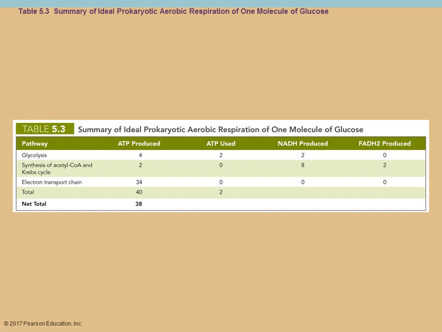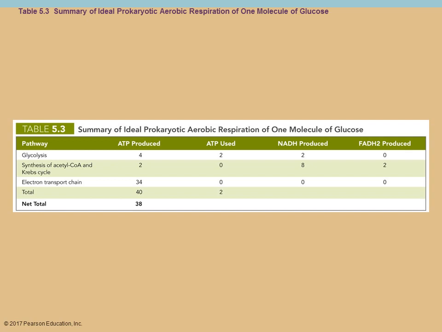NADHs, if you've been keeping count all along the way, you've produced a total of 10 by each step. If you look at glycolysis and the Krebs cycle, etc., you have produced a total of 10 NADHs. For every NADH produced, you will generate roughly 3 ATPs. So that would be 30.